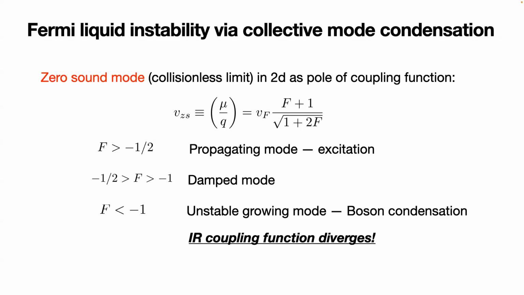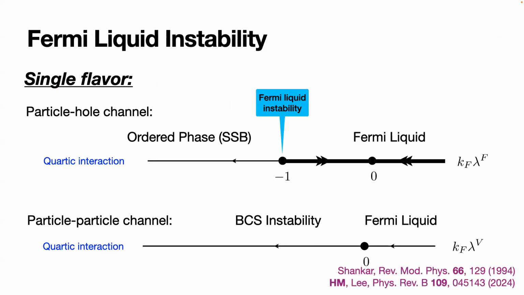That is a signature of the bosonic mode condensation that will lead to the Fermi liquid instability, because the boson or collective mode usually carries some quantum number or breaks some symmetry. So its condensation will break some symmetry of the system, leading to the transition out of the Fermi liquid phase to some spontaneous symmetry breaking phase.